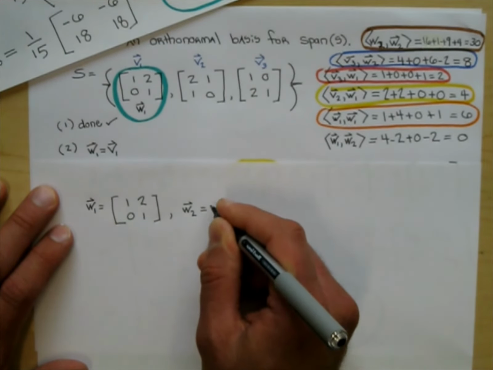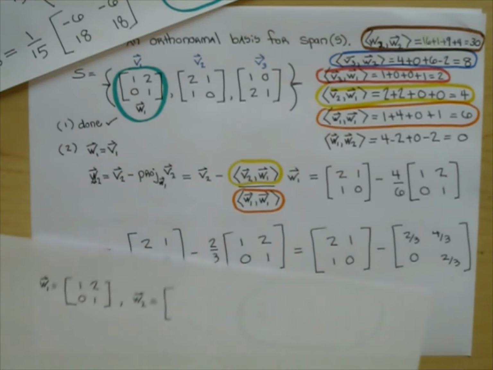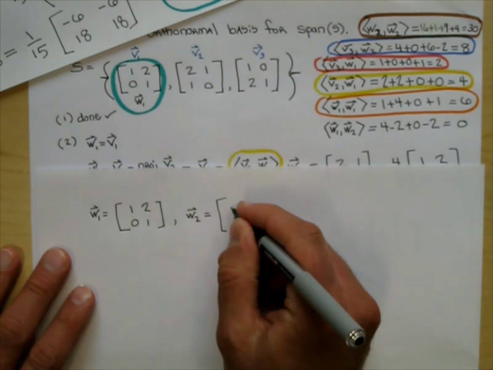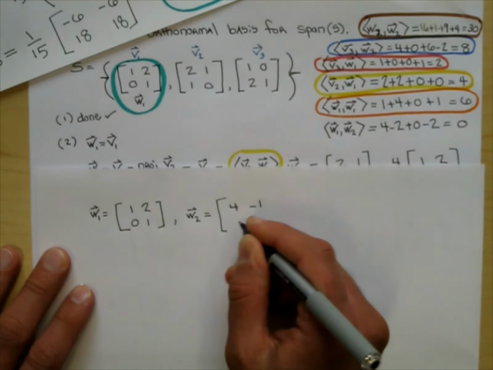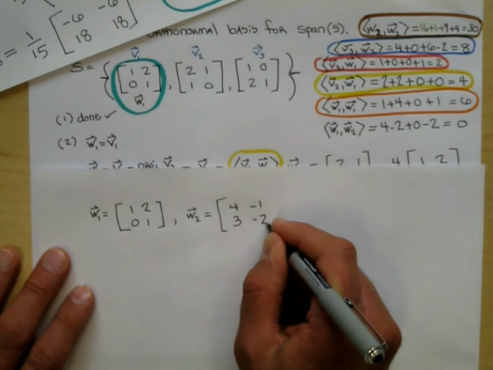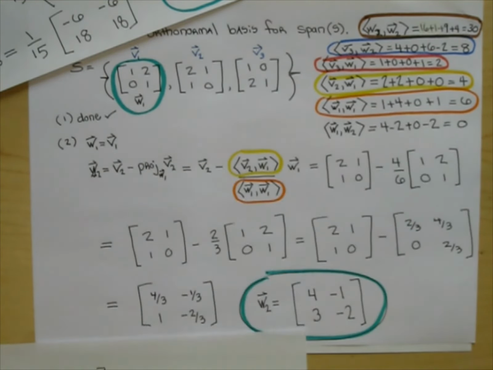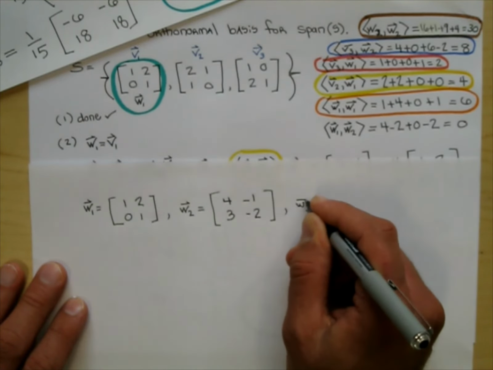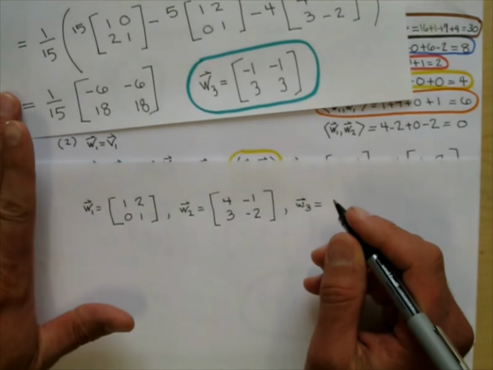W2 is, it's the one down there, 4, negative 1, 3, negative 2. Make sure I copied it correctly. And then W3 is the one we just found, which is right there.